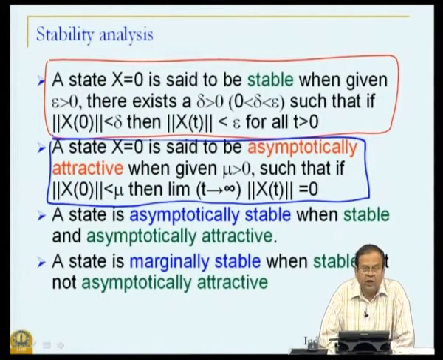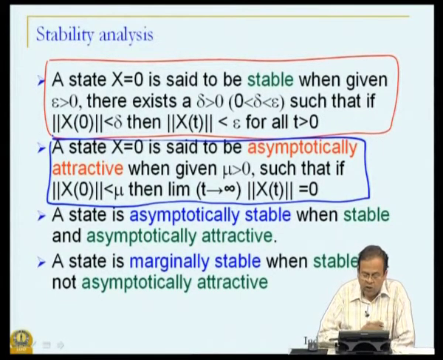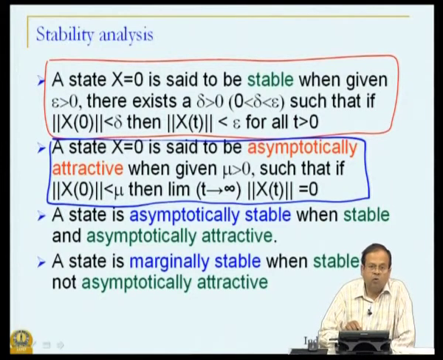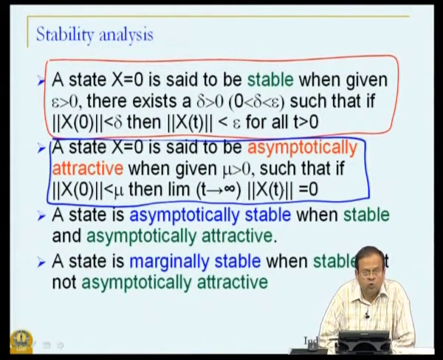A stable x equal to 0 is said to be asymptotically attractive when, given mu greater than 0, such that for all x, that is norm of x less than mu, the limit as t goes to infinity of the norm of x goes to 0.